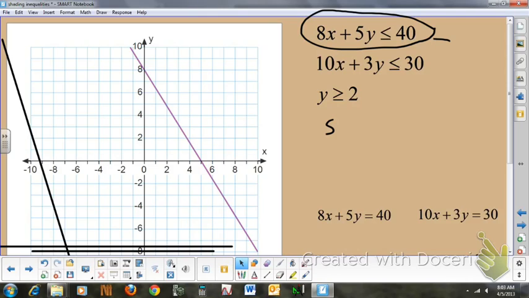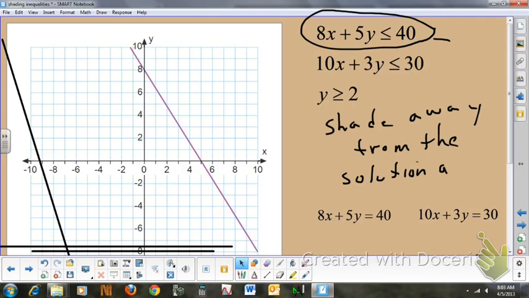Now we always shade away from the solution area. All right, we don't shade the solution area, we shade away. So we have to determine where that solution area is.